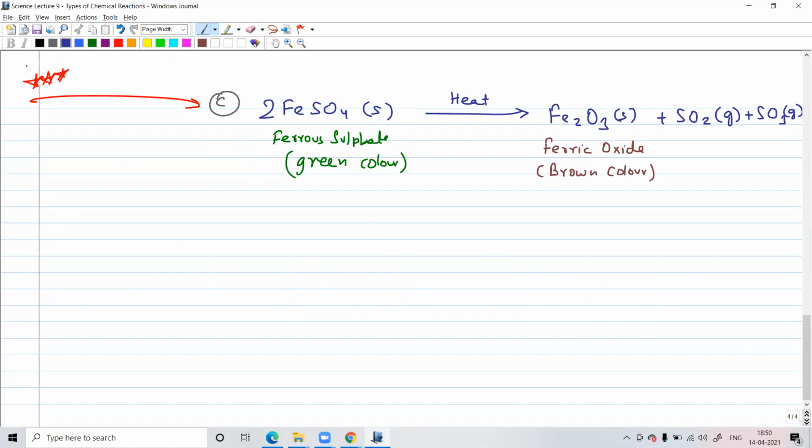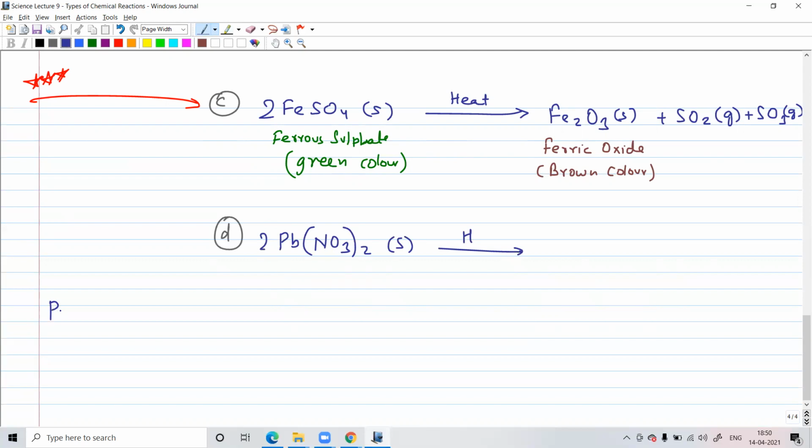So I will write one more example. Try to remember as many as you can, okay? You never know. So I'll give you this example also. Lead nitrate example. Sir, what is Pb?